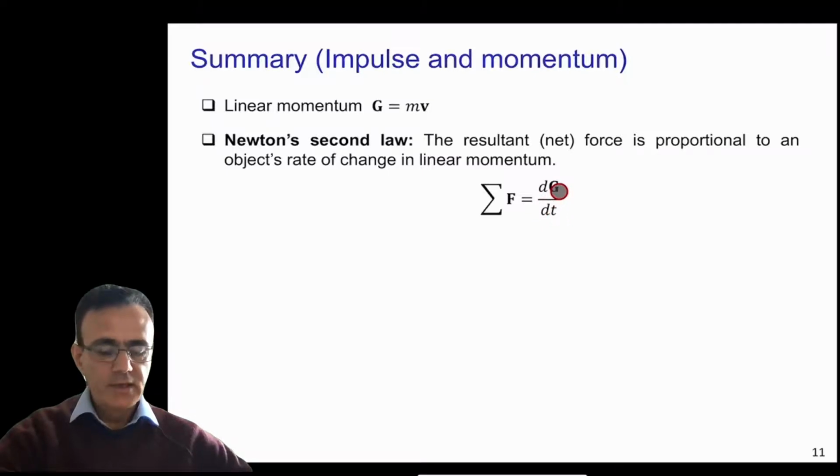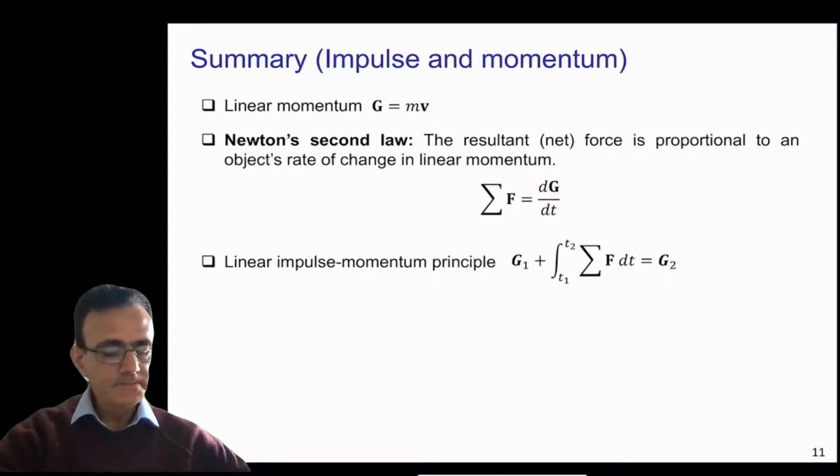Here g is the linear momentum, and then we derived this very important equation, which is the linear impulse momentum principle: g1 plus impulse equal to the final linear momentum, and impulse is just the integration of the force with respect to time.